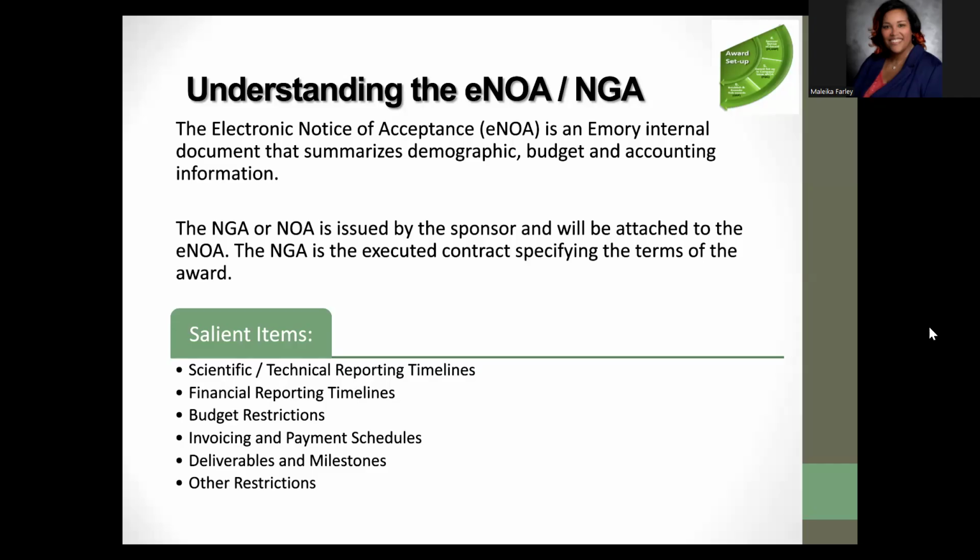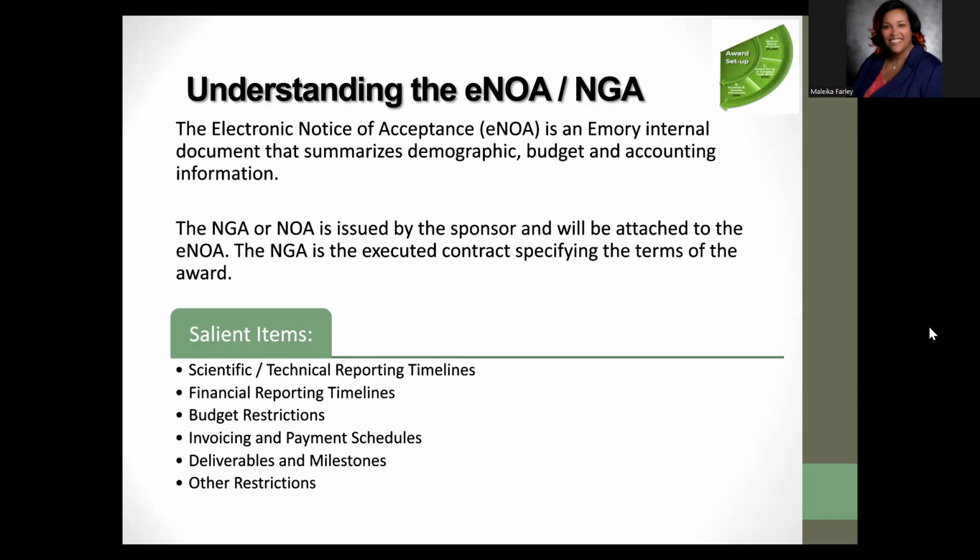Once we get the ENOA, that's when we have what we call a speed type, which is the account number that we need to be able to charge the grant. The notice of award that comes from the sponsor is attached as part of the ENOA. So it'll have the Emory internal document first, and then the sponsor notice of award following.